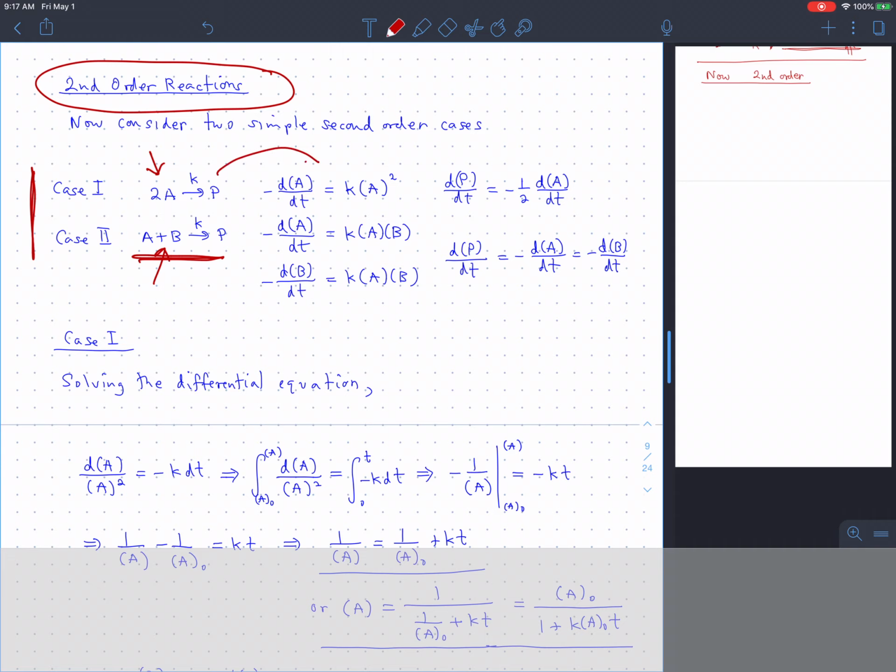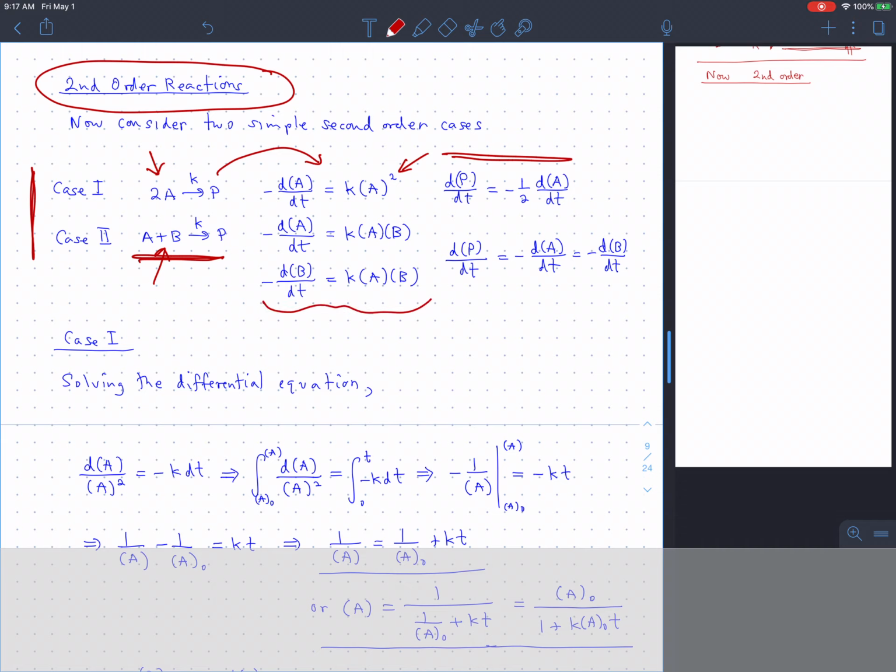The first case, case 1 here, gives rise to a set of rate equations that has a second order term on the right-hand side, and then a set of relationships between the rates of buildup and the rates of decay for the reactants and products that we can also use.